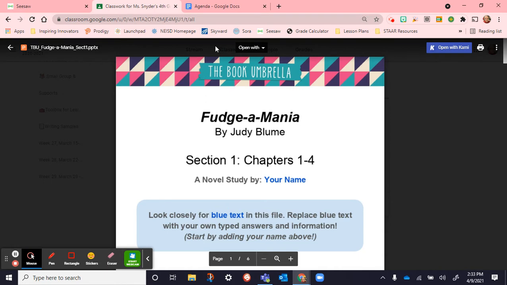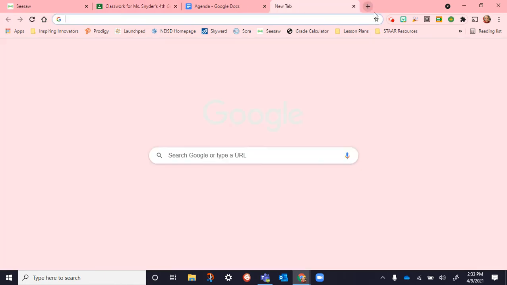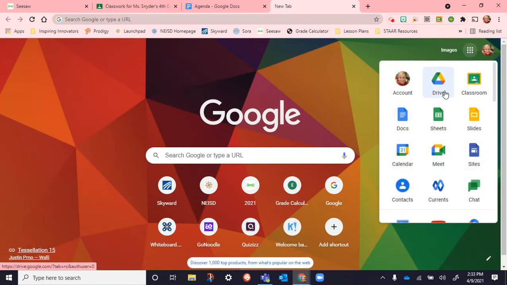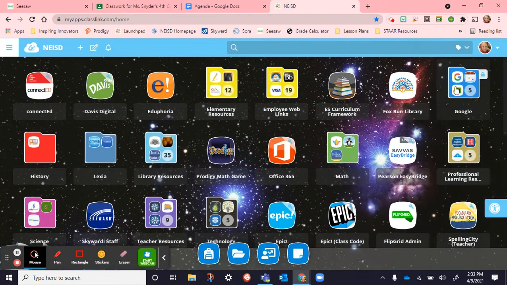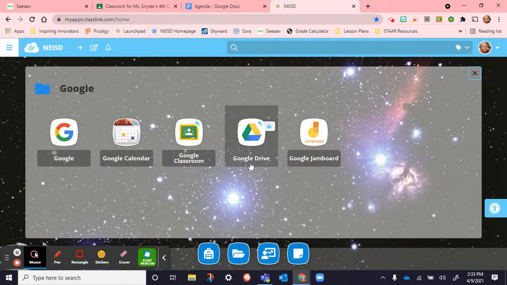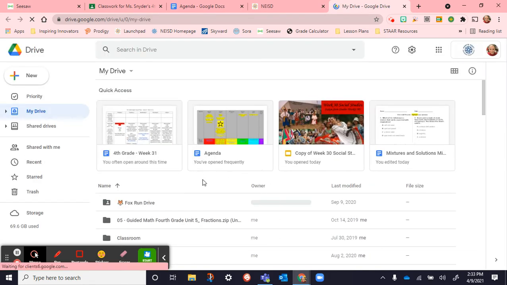Then once you've already opened it with Google Slides, you just need to go to your drive. So you could go either to Launchpad. On Launchpad, there's a whole Google folder, and there's one that says Google Drive. So this has everything that you have been opening.